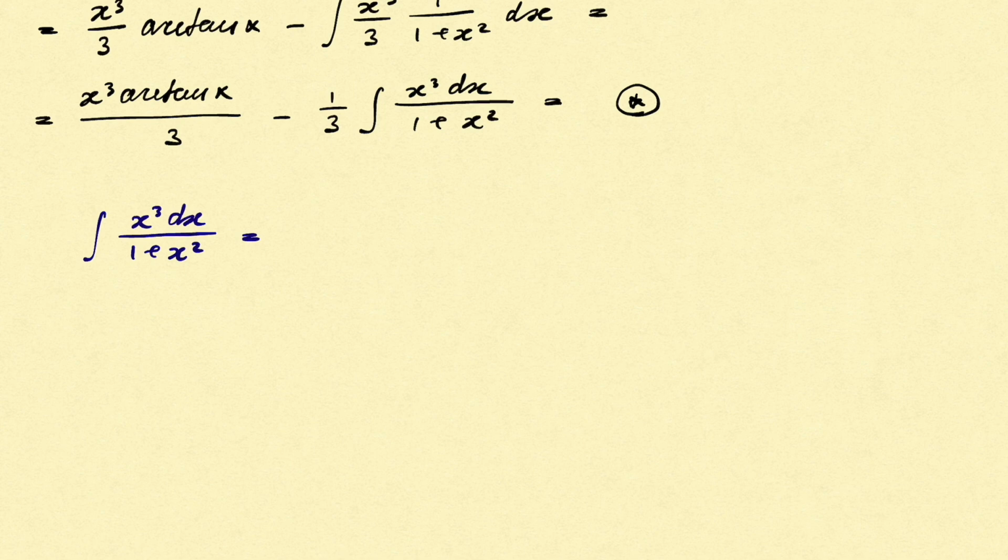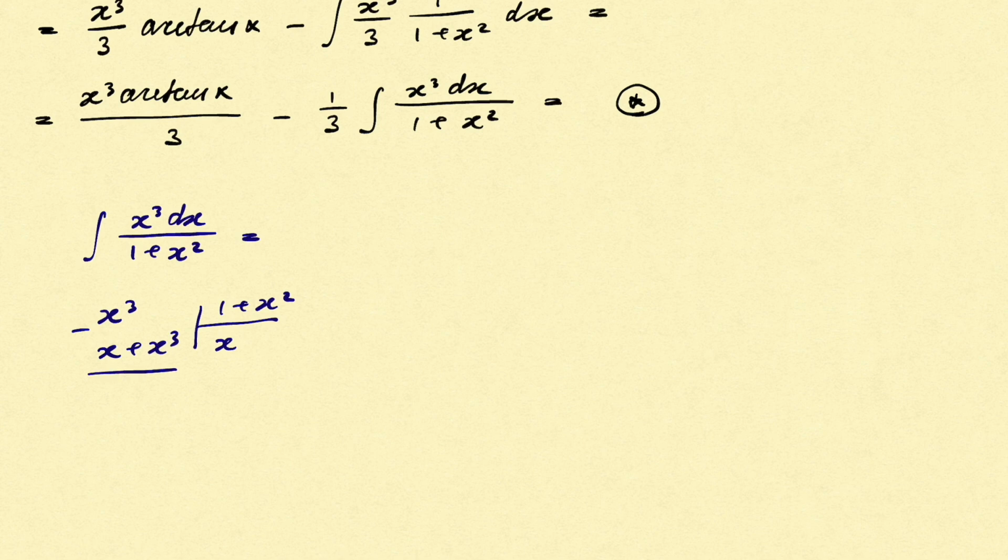We do this by long division. Let's write it here. X cubed we divide by 1 plus x squared. First, what we have is x, so that x cubed here disappears. Okay, it's x plus x cubed.